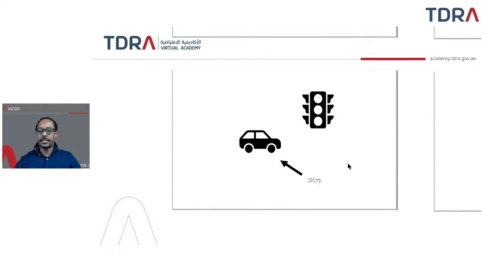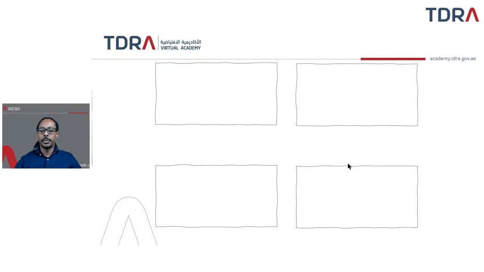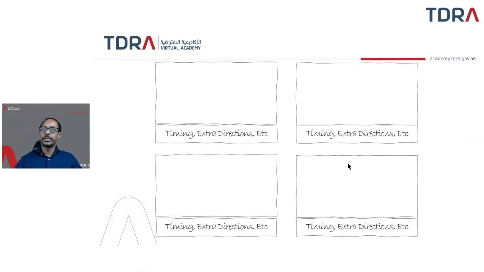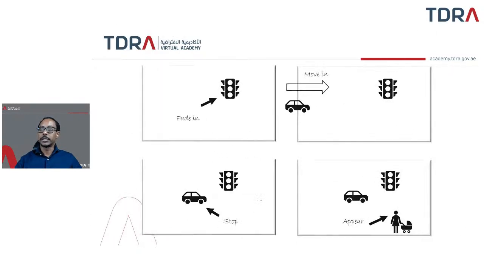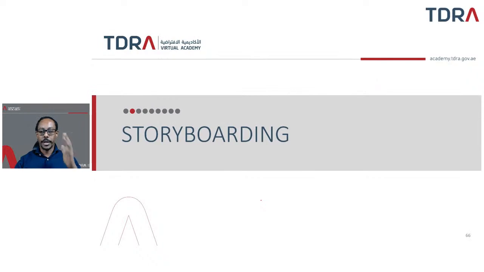In order to have this layout, open a Word document, have these boxes, and a small box down here where you will describe the scene, the timing, the duration, the transition of the slide. Write everything you want in here, especially if you're working in a team and someone else will do the actual design and you will come up with the idea. So in order to deliver your ideas the best way, have what we call, as I showed you earlier, storyboarding.